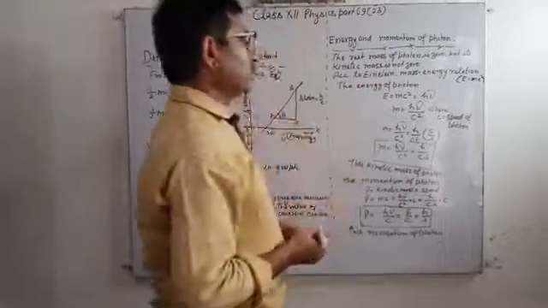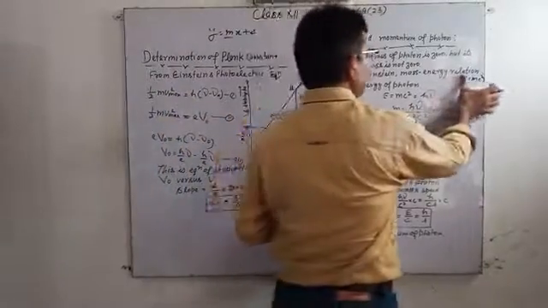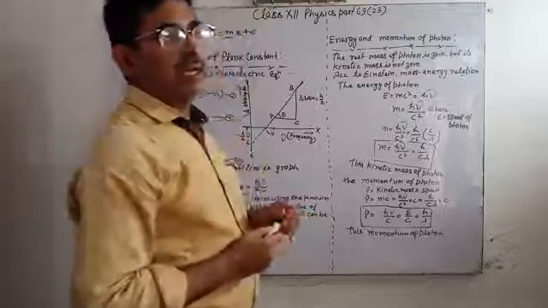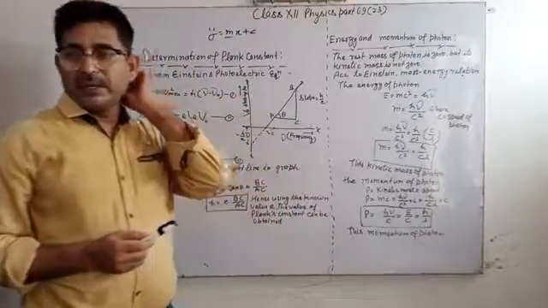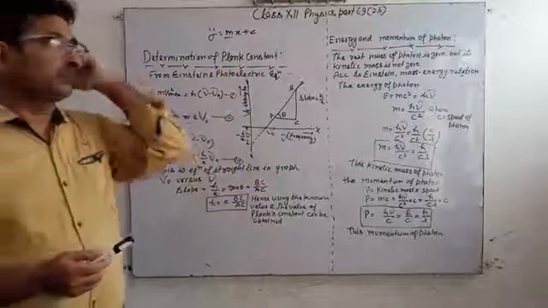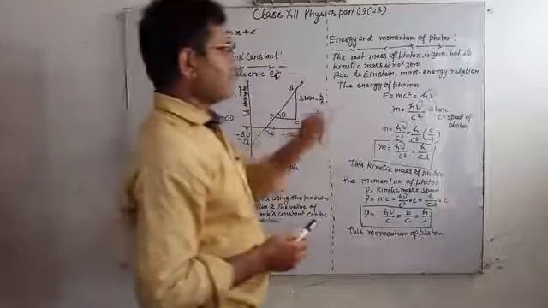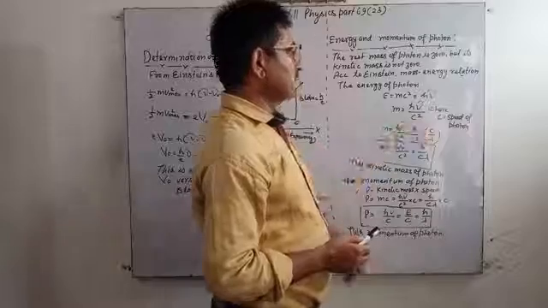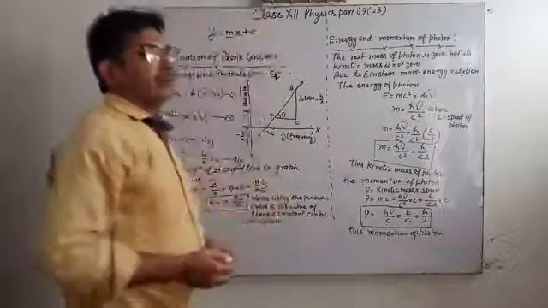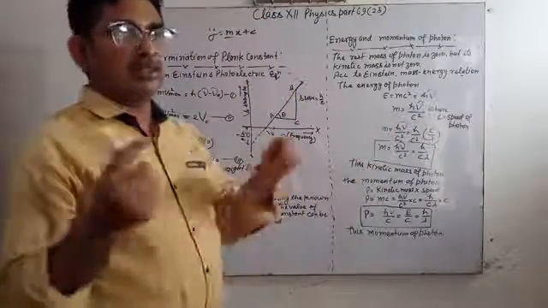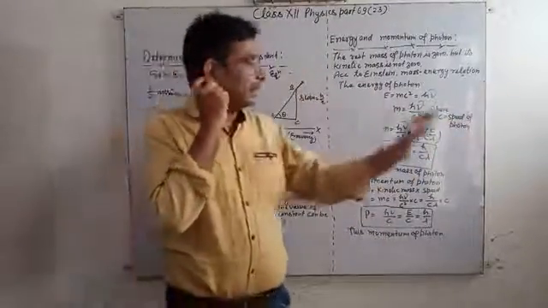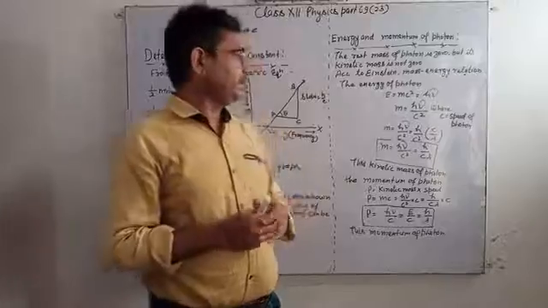The energy of a photon equal to m c square is given here, equal to h nu, where nu is the frequency of the incident photon. From this, m equals h nu by c square, where c is the speed of light, but here it is the speed of photon.